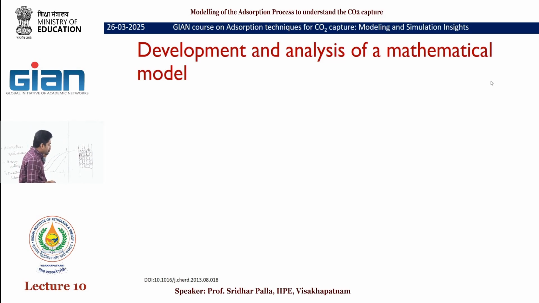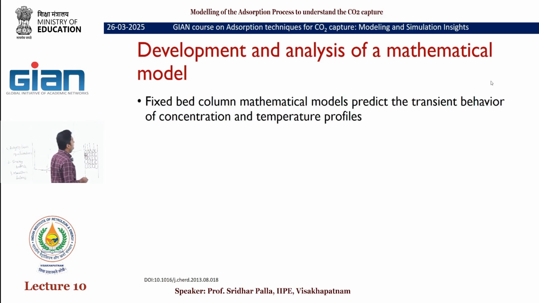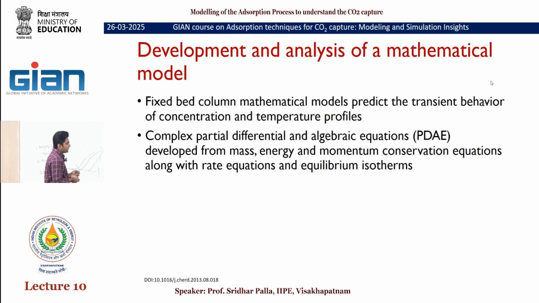So now coming to this analysis, in a fixed bed column, the mathematical models predict the transient behavior of concentration and temperature profiles. We will see the equations one by one, then you will get a clear picture of what I am talking about. They are complex partial differential algebraic equations, which are mass, energy, and momentum conservation.